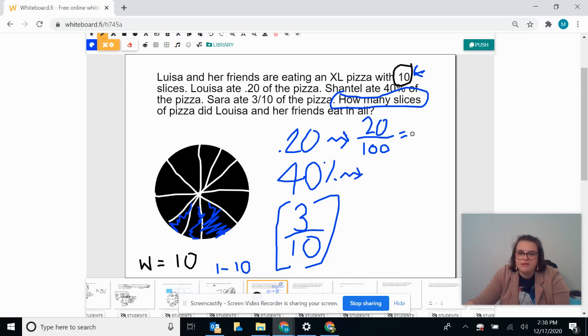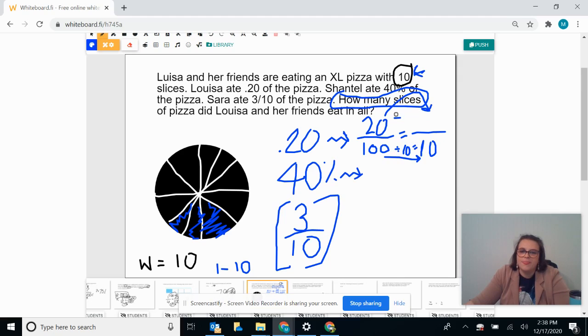Then I'm going to make my denominator 10, okay? Because that's how many pieces of pizza we have. And 100 to 10, this time I'm getting smaller, so I have to do divided by. 100 divided by 10 equals 10. And whatever I do to the bottom, I have to do to the top.